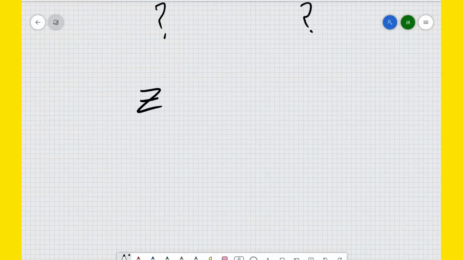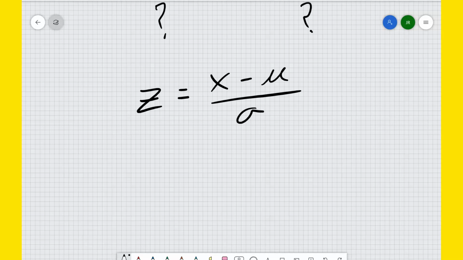Let's say you know z and you're looking for x. We're solving for x. That means we're going to get x by itself. So the first thing we do is get rid of the sigma here by multiplying both sides by sigma. That gets rid of that sigma.